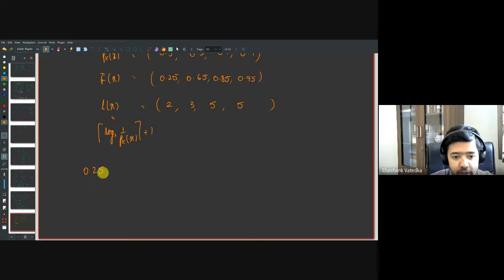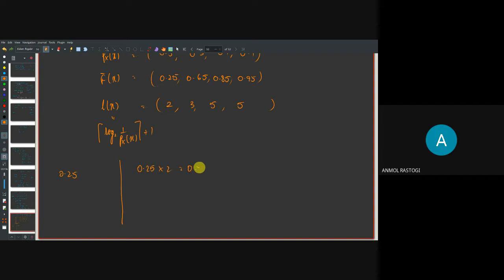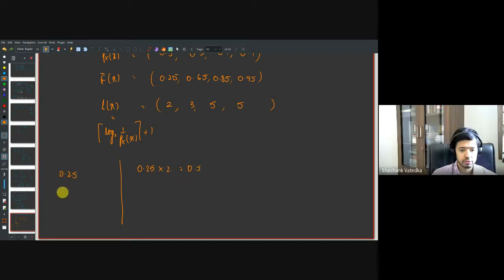Multiplying by 2 repeatedly, it comes out as 0.01. So the first 2 bits are 0 and 1.